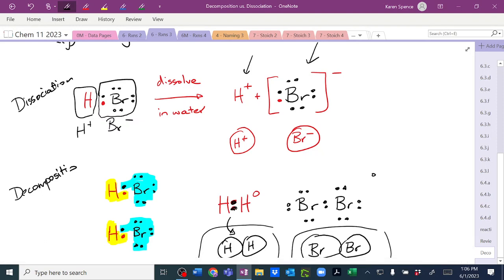If that makes sense, that's excellent. Otherwise, you can just remember that when you're dissociating things, they just dissociate into single ions, unless it's a polyatomic ion. Okay, and you don't put 2's with them or anything. You just put the charge on it. Okay?